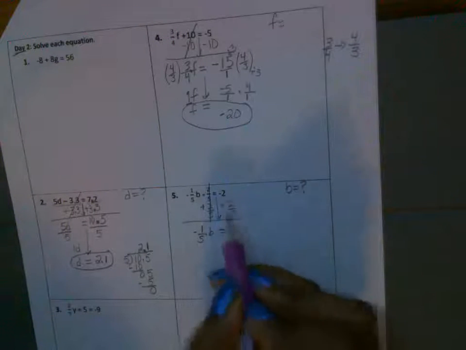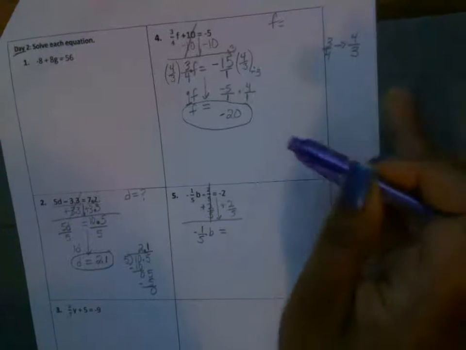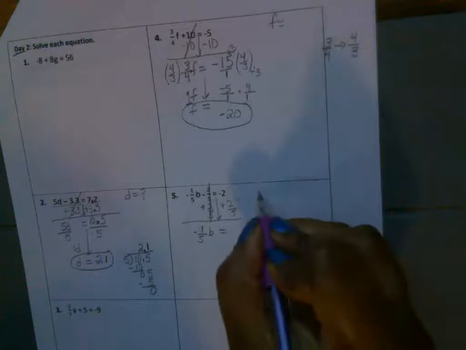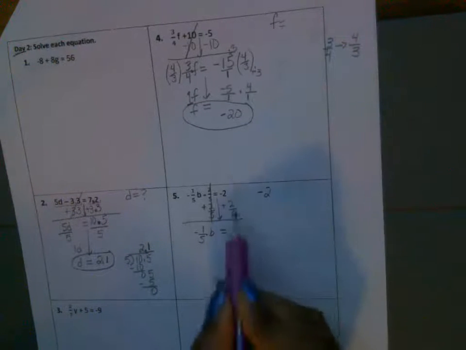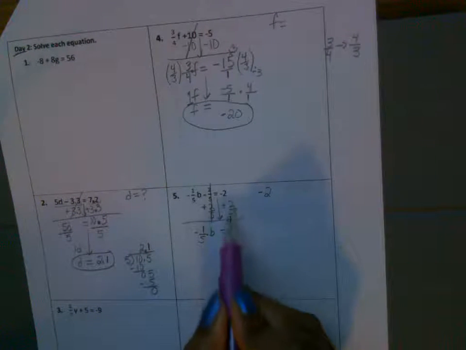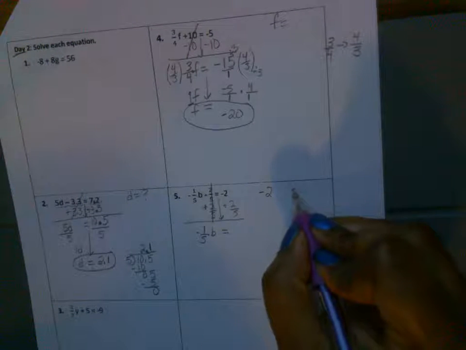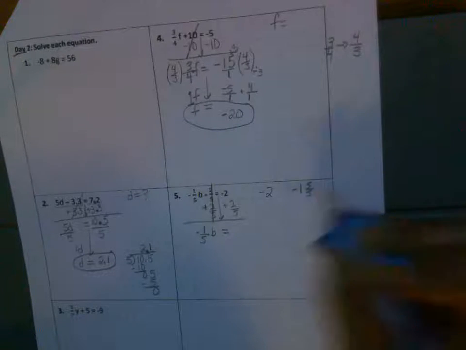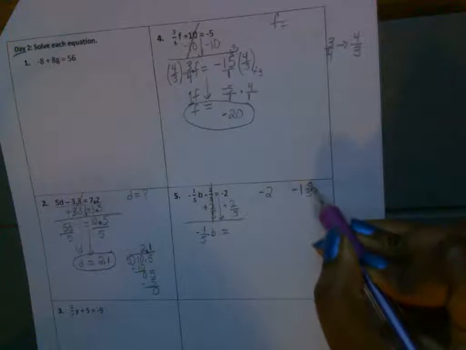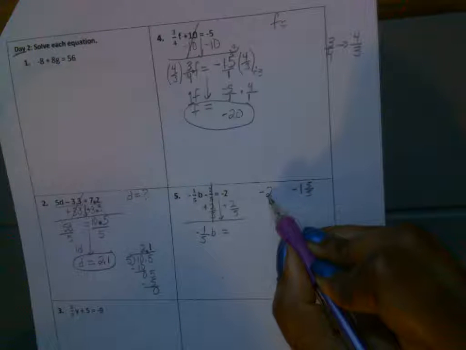Here, when I add this together, I need a little bit of space. So let me move this out of the way, y'all. I have 2 here. I need to make this into a fraction so that I can add. So here, I'm going to write this as negative 1 and 5/5. 5/5 is 1, and I know 1 plus 1 will give me this 2 right here.